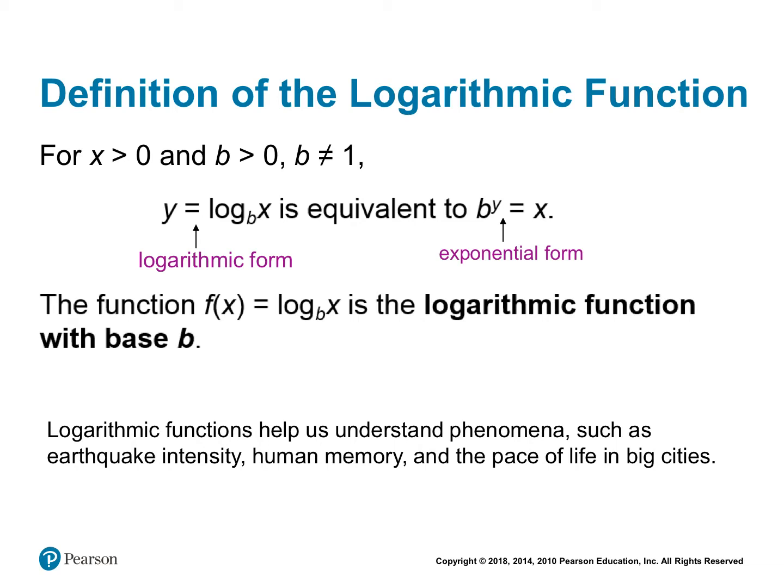The logarithmic form is y equals log base b of x, and that is the same as b to the y equals x. That is what we were trying to find on the last slide, and we didn't have a way to isolate the y with previous methods we've learned.